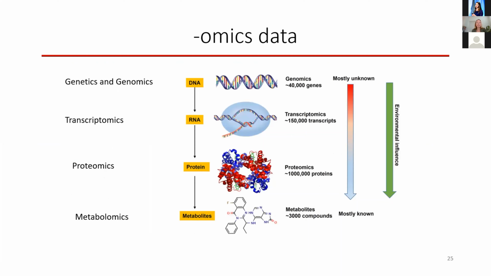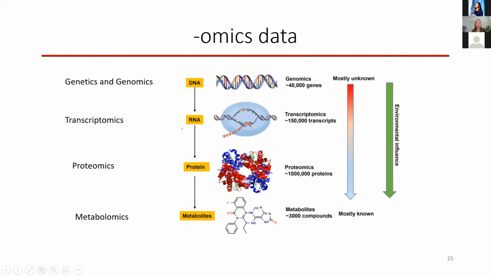Data generated from biobank samples are very often omics data. We have genetics and genomics, which originate from DNA. The genome contains about 40,000 genes, where about 20,000 genes are protein coding.